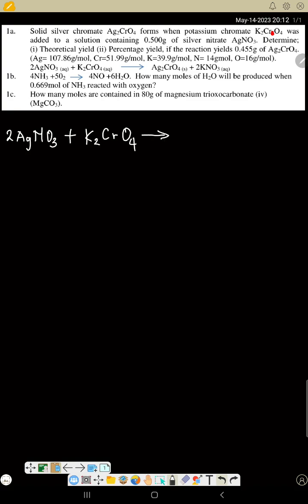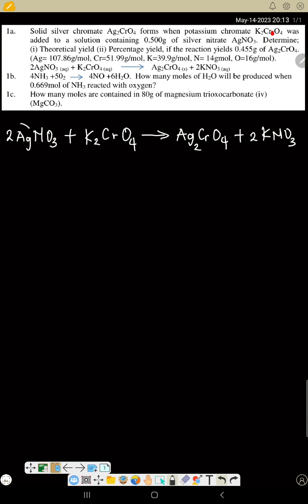I ignore the states to save space. So Ag2CrO4 plus 2 potassium nitrate, KNO3. So this is our balanced chemical equation.